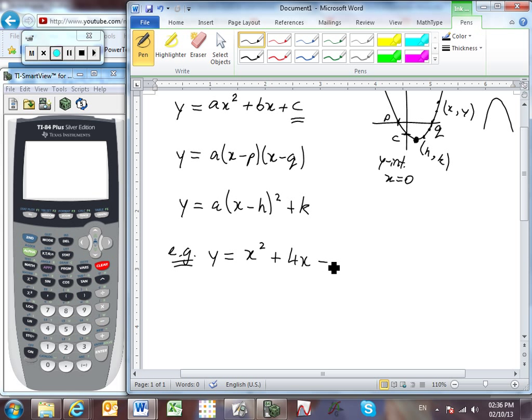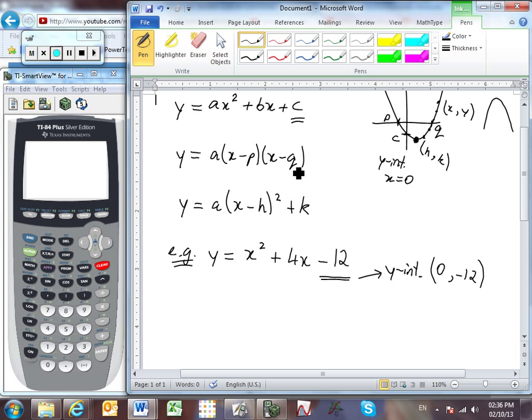And we'll say minus 12. So if this is our function, we can immediately see, because it's been expressed in standard form, that the y-intercept is going to be equal to negative 12. We know that at a y-intercept the x value is 0, and so those will be the coordinates of the y-intercept. Now let's see if we can find out what the x-intercepts would be.